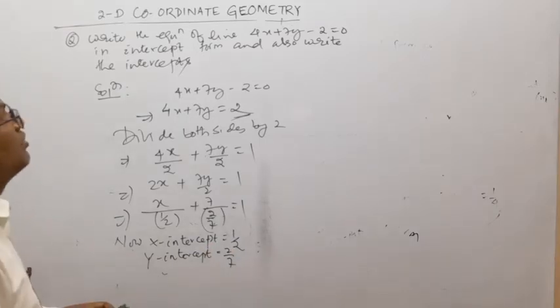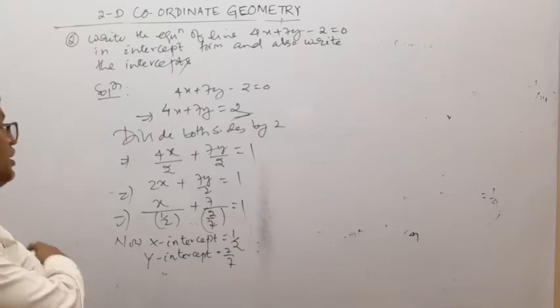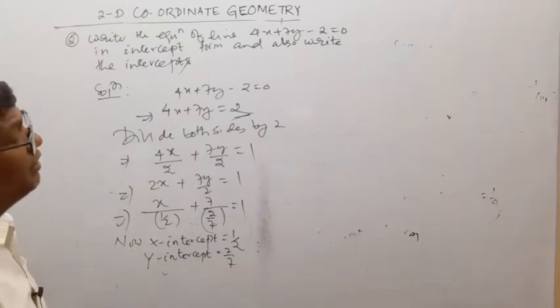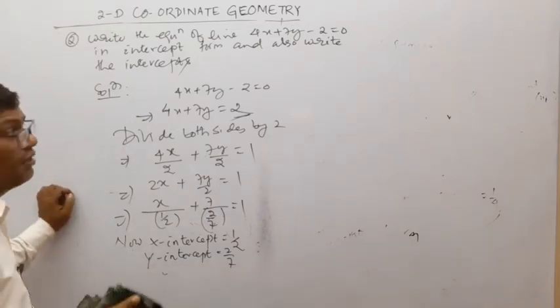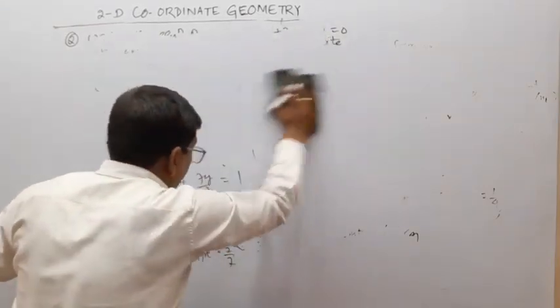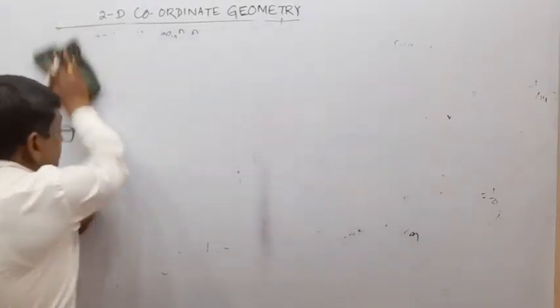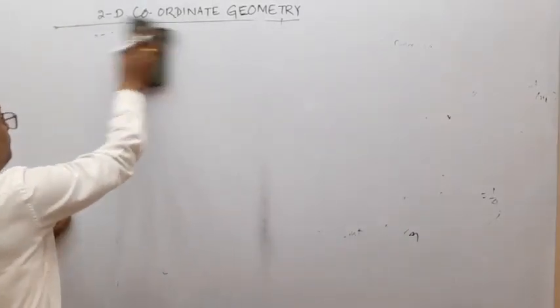Now conversion of the equation of a line from general form to normal form.